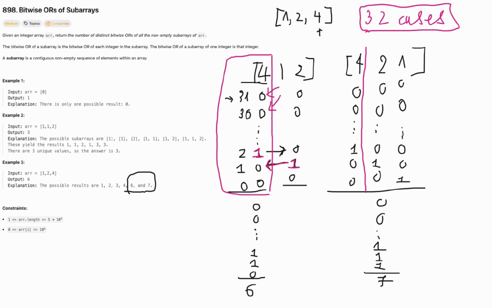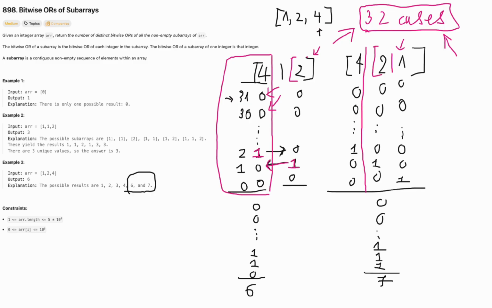That is the reason why, for any previous subarray, the result of the subarray, for example 2 OR 1 or 2 OR 2 by itself, cannot introduce more than 32 cases, because we just keep adding 1s into the empty bit positions of the number 4.